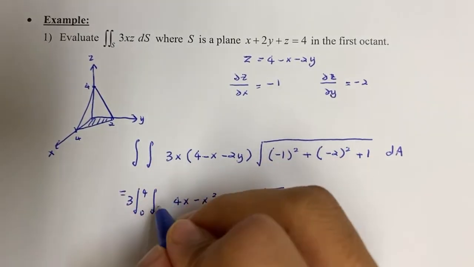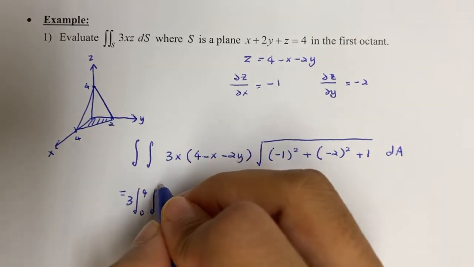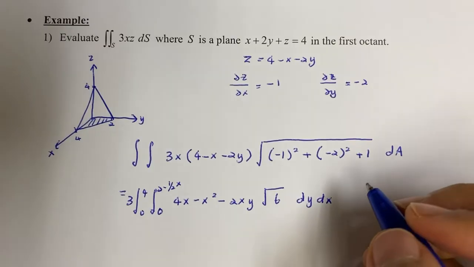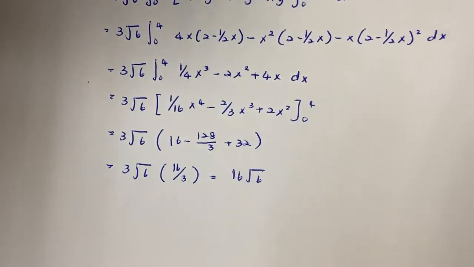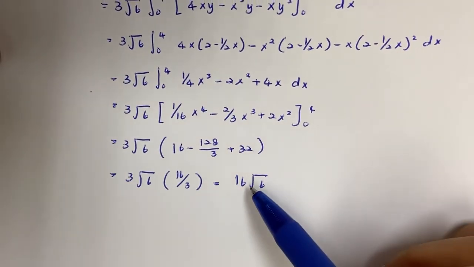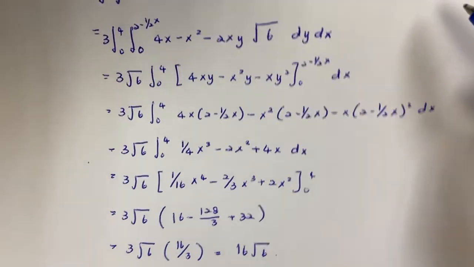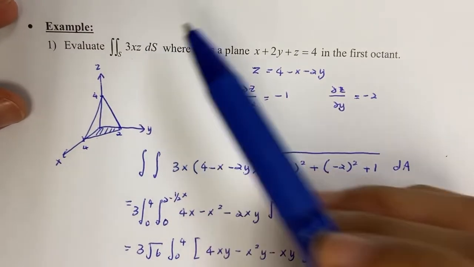And for the y limit, y is from 0 to 2 minus 1 over 2 x. Then proceed with the double integration. The double integration gives you 16 square root of 6. So this is the surface integral for this plane, for this scalar function 3xz.